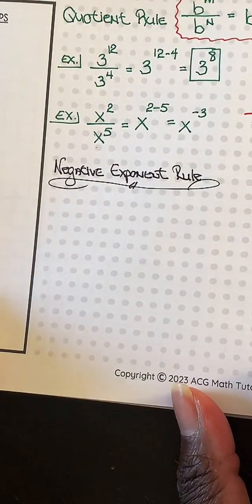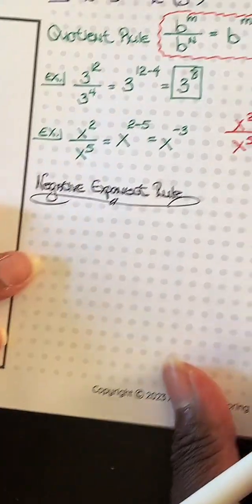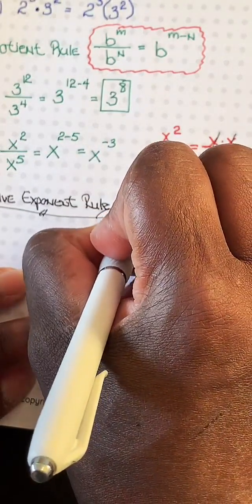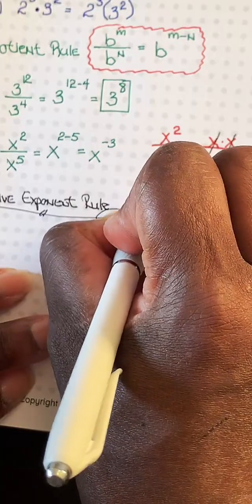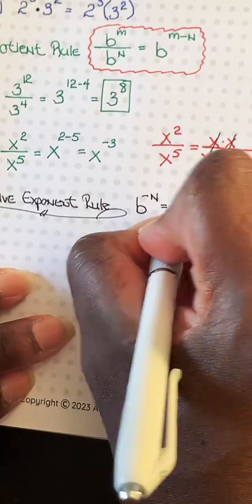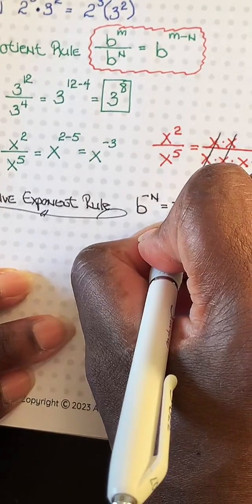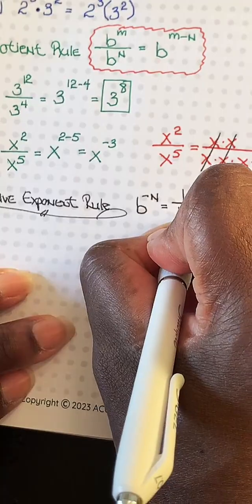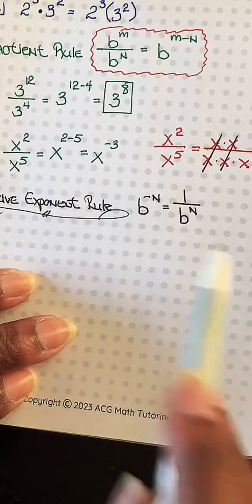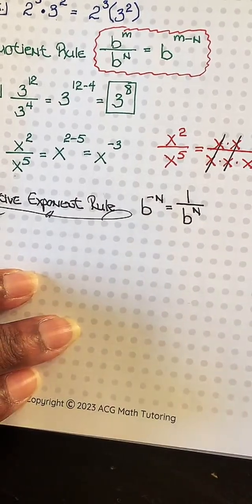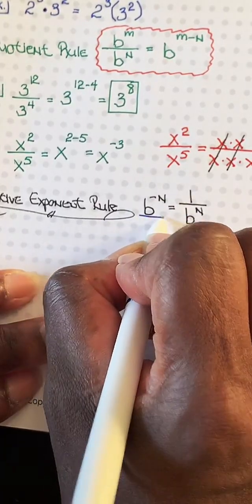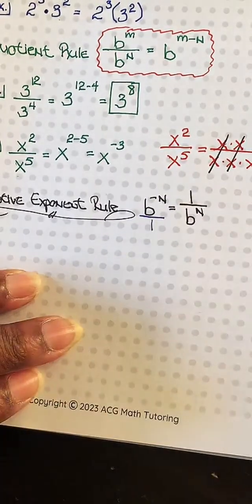So with the negative exponent rule, let me put it next to it. If you have a base with a negative exponent, you're always going to either drop it or flip it, whatever you want to call it, so you can get a positive exponent. So what's happening here is this b raised to the negative n is actually, if you make it into a fraction, you put it over 1.